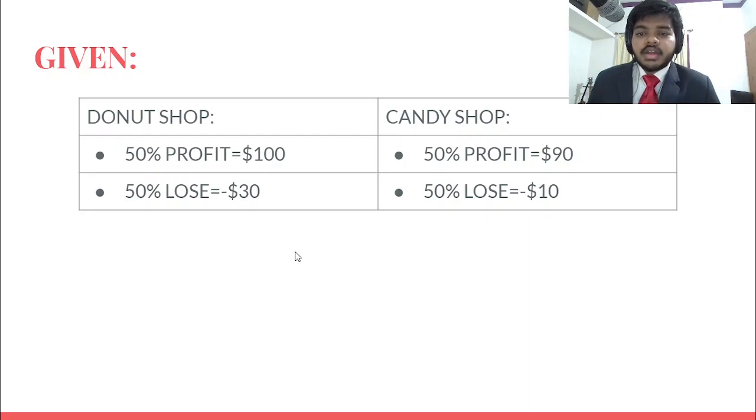Now at first glance, when we only see the profit, the donut shop seems to be much more profitable, because you'll be having a $10 better profit when compared to the candy shop.